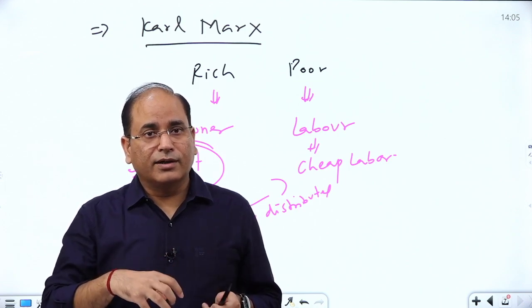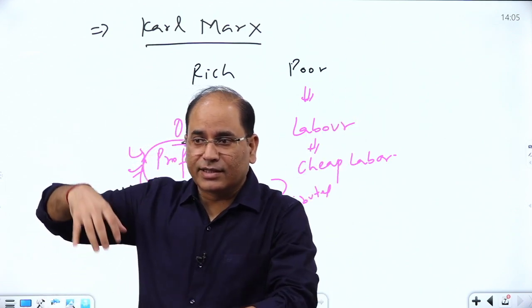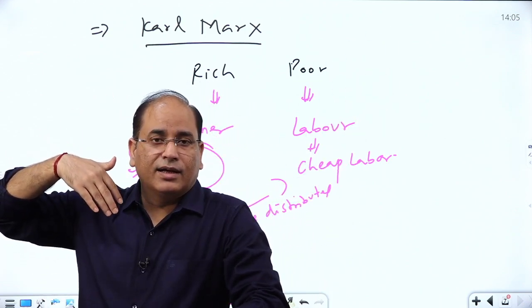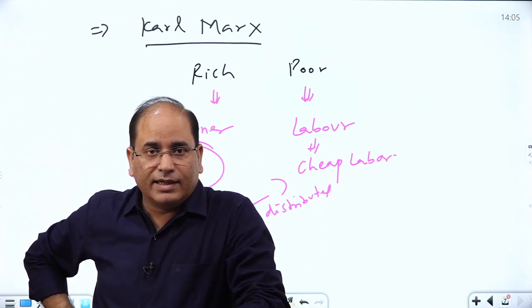अब ये जो profit earn हुई, इसको industrialist is not going to distribute among the labor. Karl Marx का idea है.